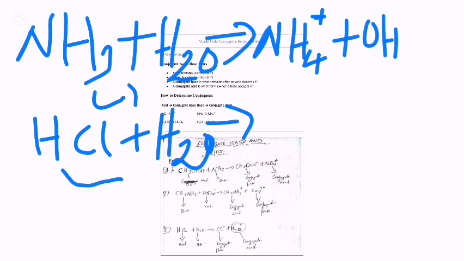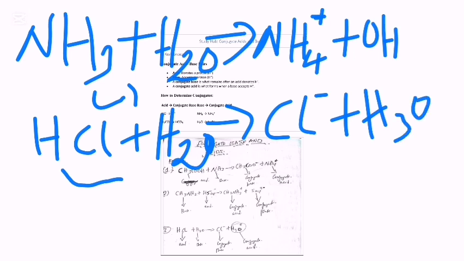So chlorine will become negative, plus H3O. This concept will help you to make an equation without difficulties.